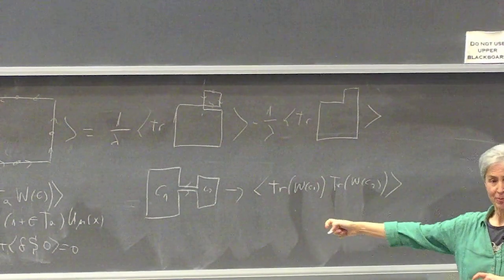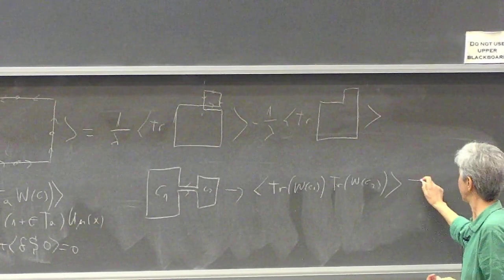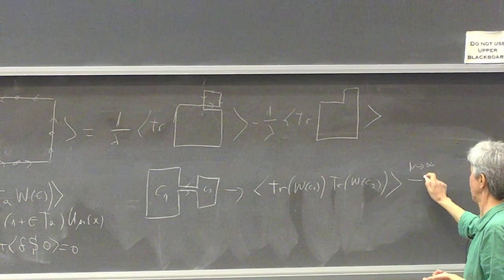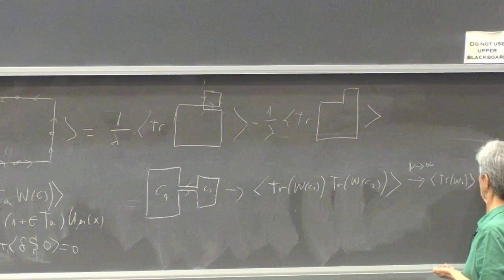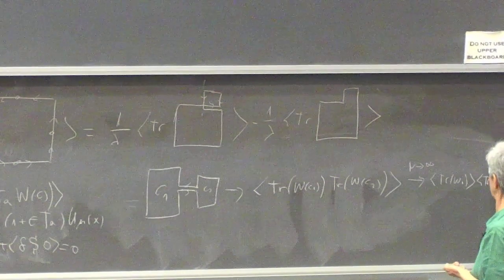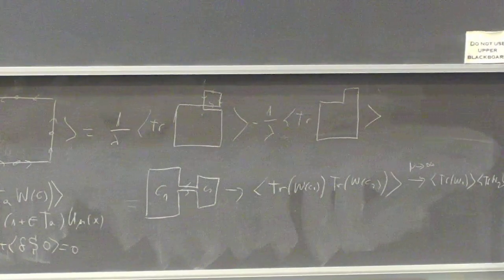This is not a Wilson loop, but if I use large n factorization, this goes back to the two traces, which are again Wilson loops.